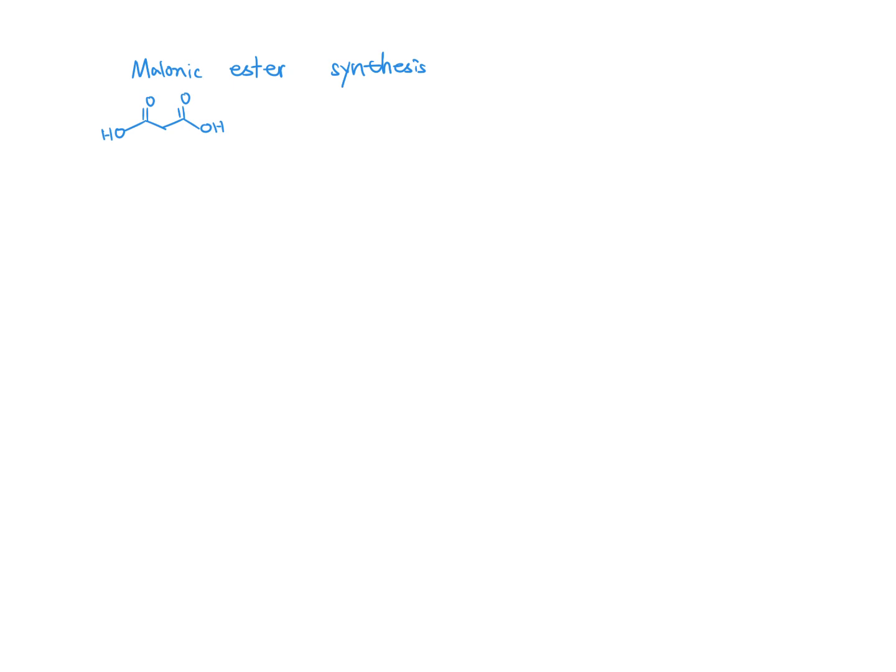That is malonic acid. So when we have the malonic ester, the carboxylic acids will have another group to form this ester. A lot of the time what we are looking at here is this ester called diethyl malonate. So that is the start of this reaction.